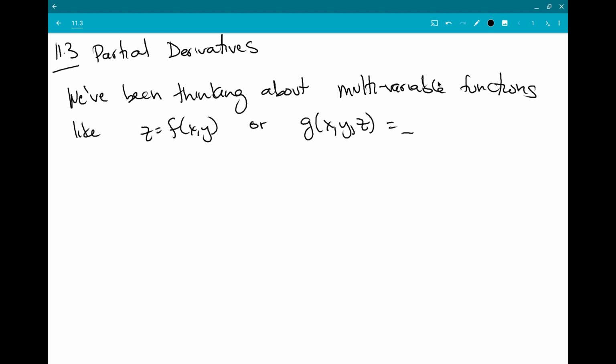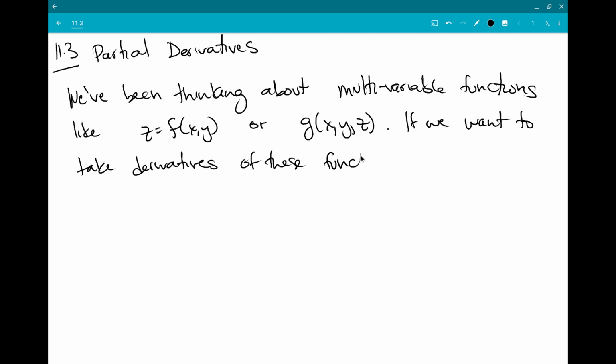Usually we would set that equal to some number when we are trying to plot things. And if we want to take derivatives, they're also going to depend on many variables.